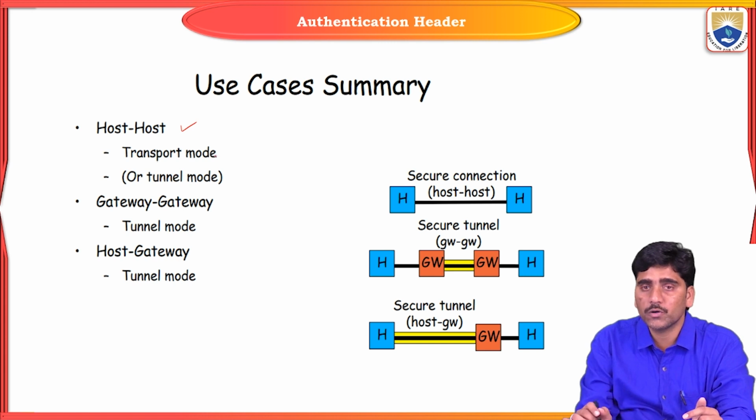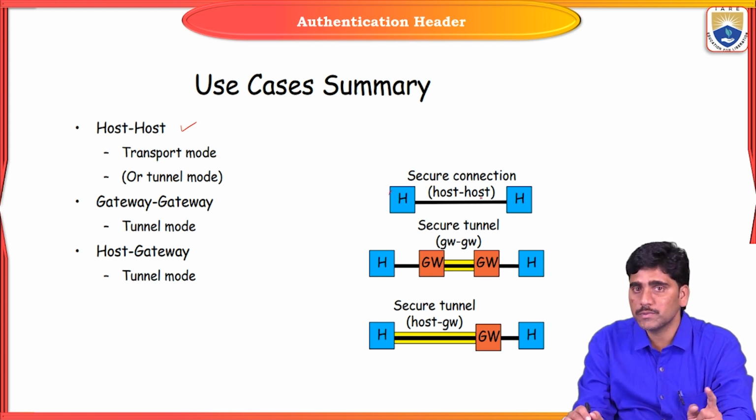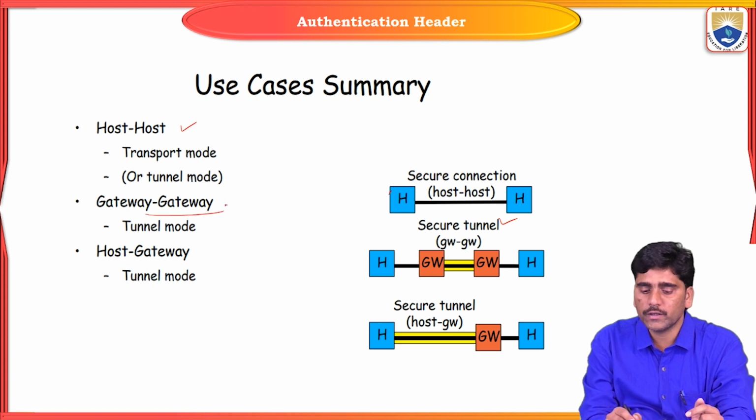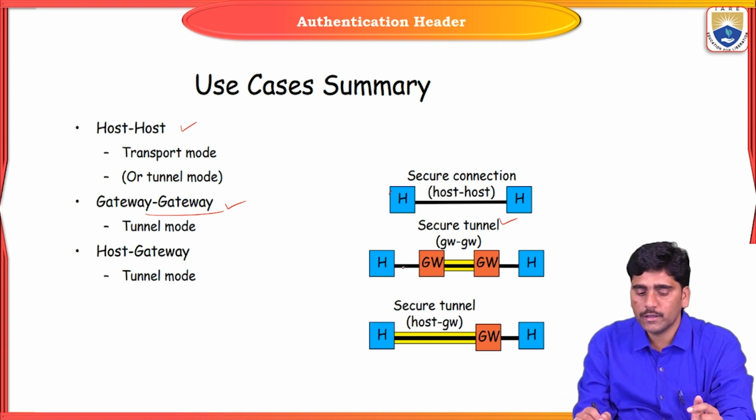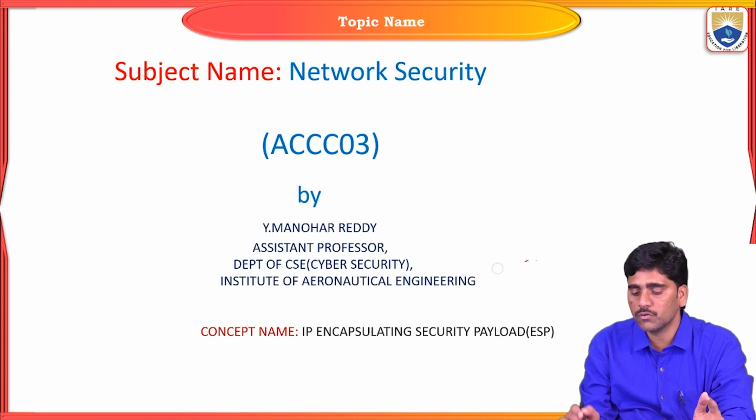And here in the use cases summary, we can see the delivery of services from host to host is either transport mode or tunnel mode. When the connection from host to host is to be secure, that is a secure tunnel. And gateway to gateway provides the services in tunnel mode, as well as host to gateway and gateway to host.